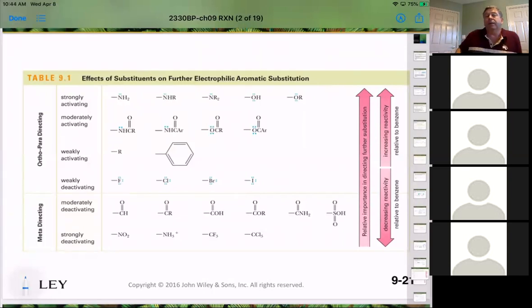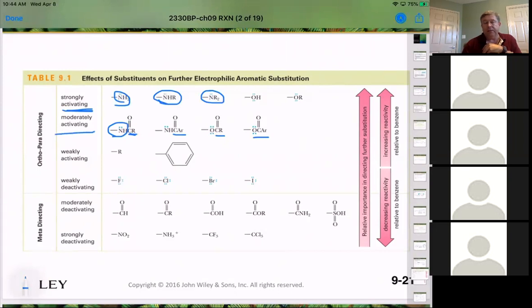But another thing we can think about, and I said it on the slides, but I want to draw your attention to it again, is when we have these lone pairs by themselves, those are always strong activators. When we have lone pairs next to an electron withdrawing group, like a carbonyl, they're still activators, but they're not as strong because that carbonyl is pulling some of those electron pairs away, okay?